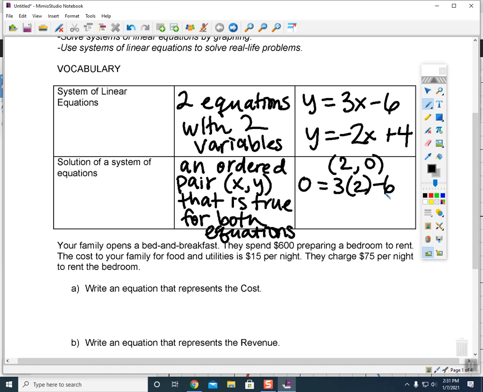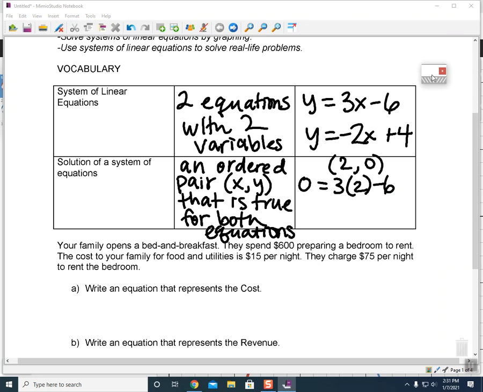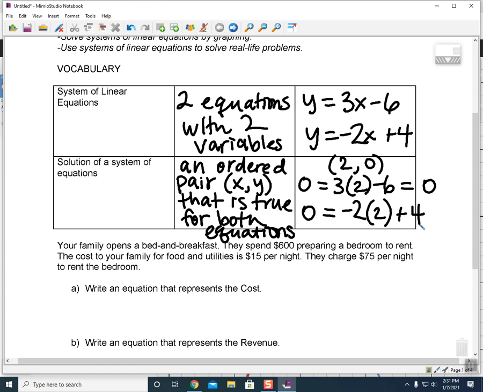Well, 3 times 2 is 6, and 6 minus 6 is 0. That one checks out. Similarly, 0 equals negative 2 times 2 plus 4. Negative 2 times 2 is negative 4, and negative 4 plus 4 is also 0. So it checks out.